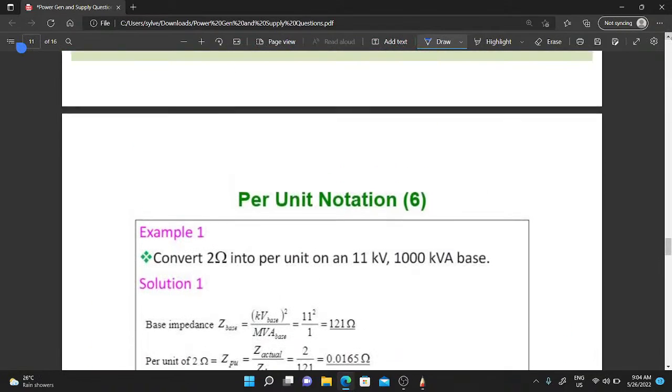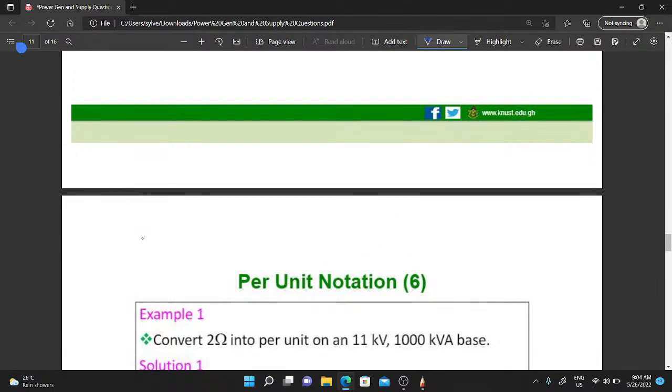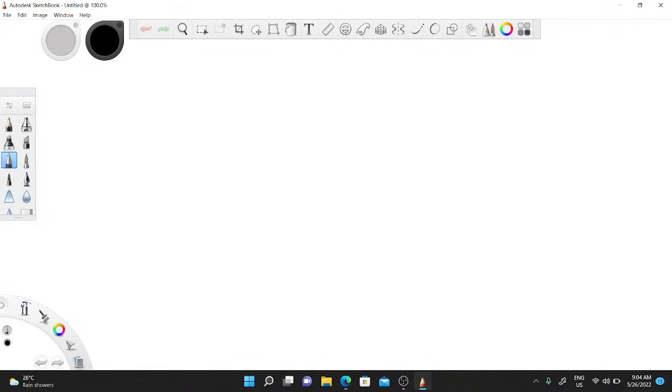Okay. Now let's move on to per unit. In answering per unit questions, what do we know? In the first scenario, we'll be given the actual impedance, and you're supposed to find the per unit impedance.